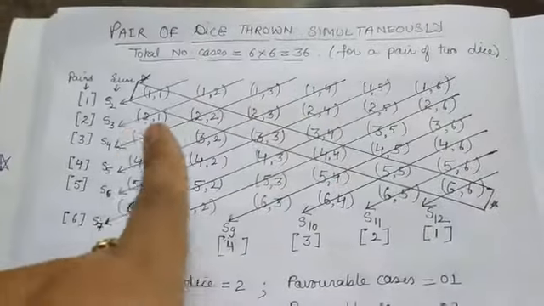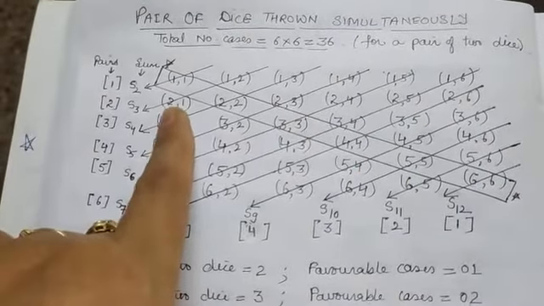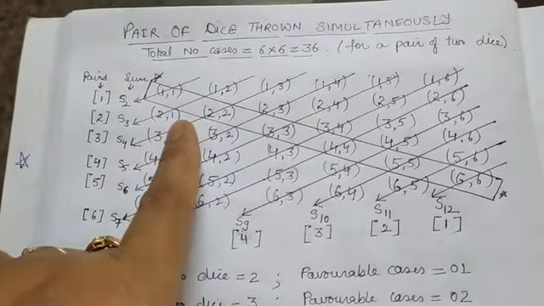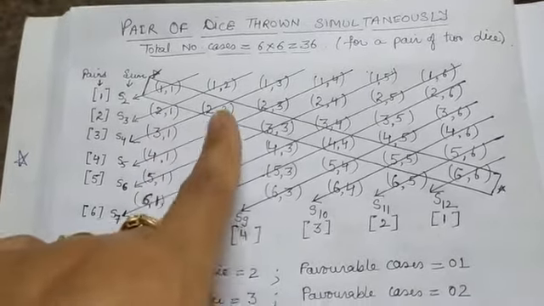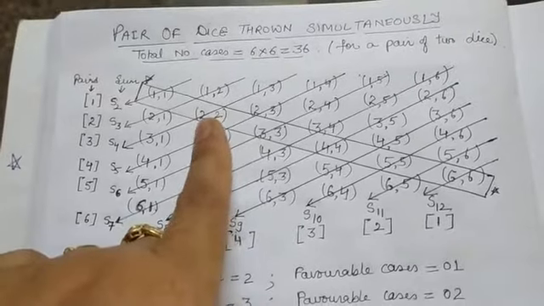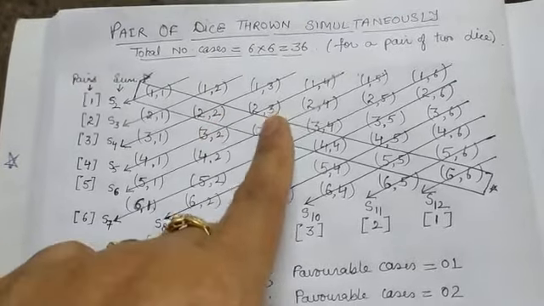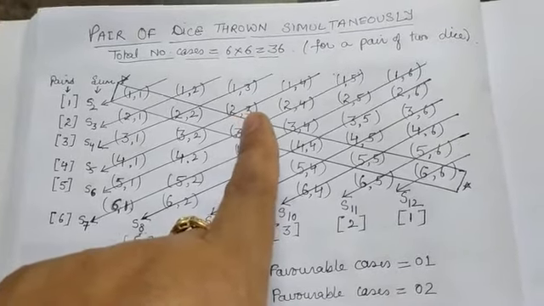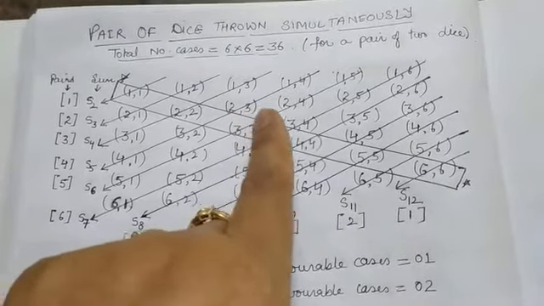Now come to another option. The first dice has face 2 up, whereas face 1 is up on the second dice. Then both the dice have face 2 up. In this case, face 2 is up on the first dice, whereas face 3 is up on the second dice, and so on.